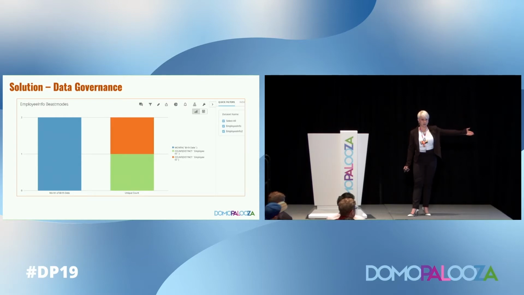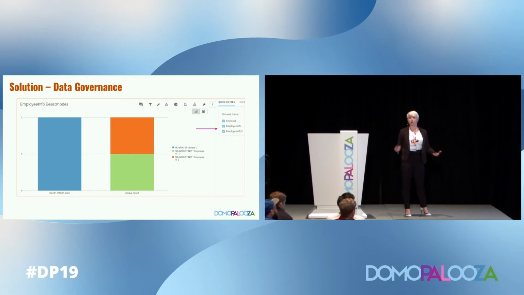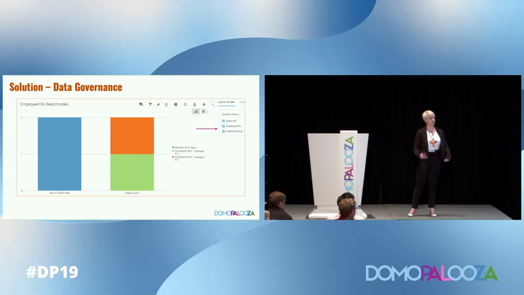However, unique count, as in the example that we looked at, even though it has the same name and is present in both data sets, the code is different. And I can easily toggle the quick filters to find out which one is wrong and which one I need to fix.